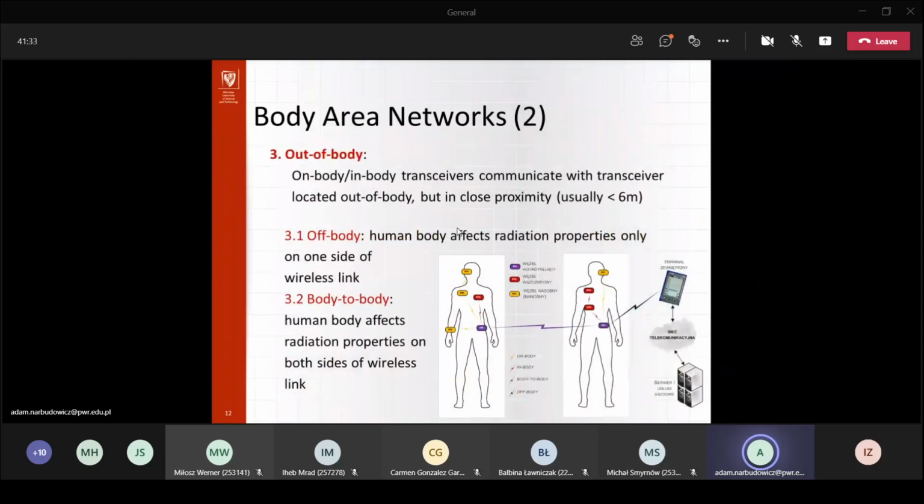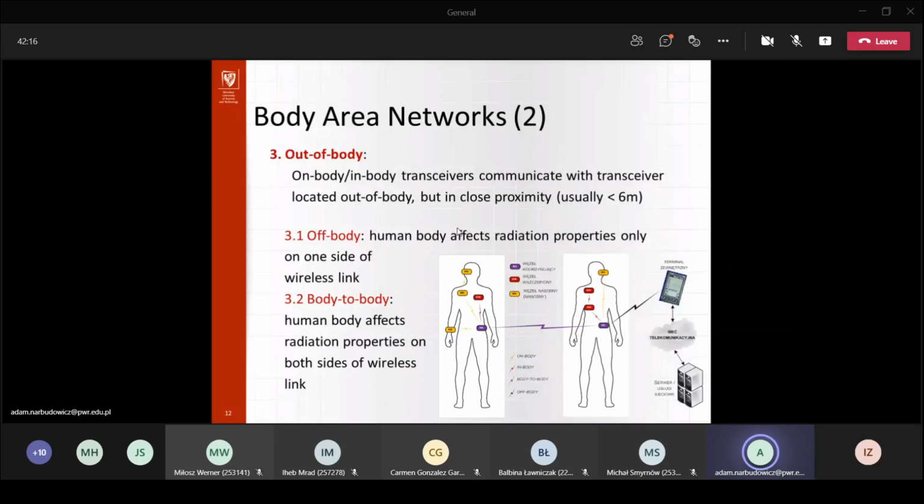All right. And then the last type of communication, out of body. So again, we have extracted some biomedical data into a node which is outside of the body, and we want to transmit this further on into wider networks and a Wi-Fi access point. Still, in that context, the body will somehow affect the communication and our antenna. However, it's less significant than in the previous two cases.